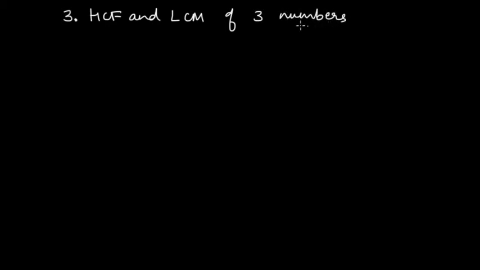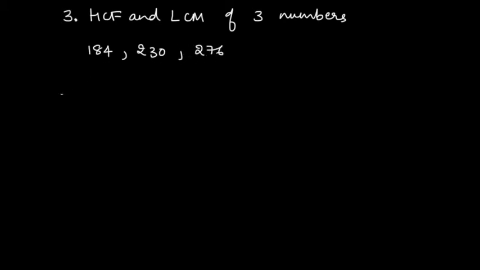So here, let's do HCF and LCM of 3 numbers. Okay, so the third part I wanted to cover was HCF and LCM of 3 numbers. Let's use 184, 230, and 276.